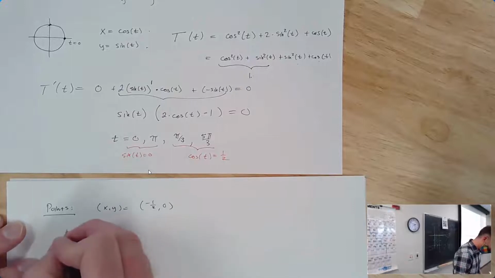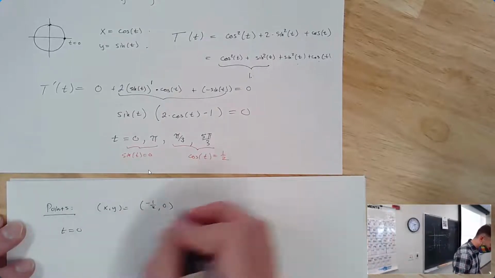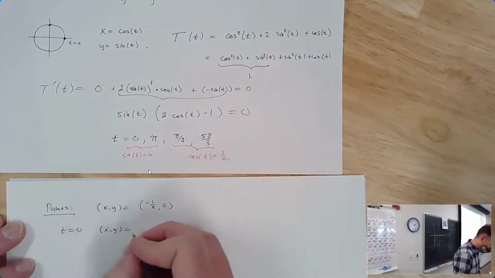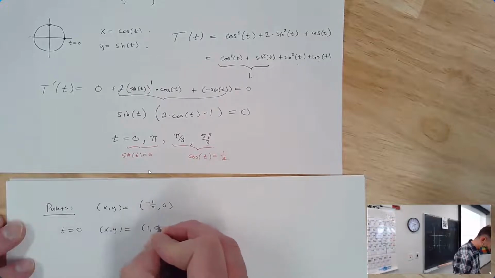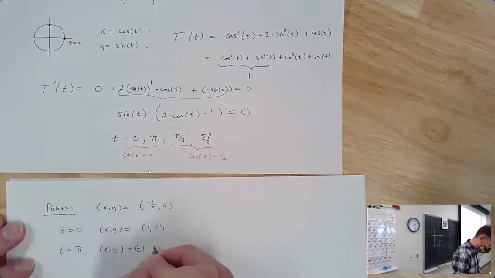For t equal to 0, (x, y) is cosine comma sine: cosine of 0 is 1, sine of 0 is 0. For t equal to pi, cosine of pi is -1, sine of pi is 0.